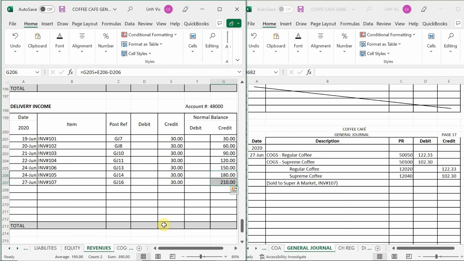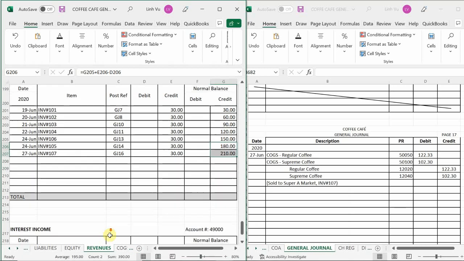And then for the revenue of the regular coffee, not revenues, cost of goods.